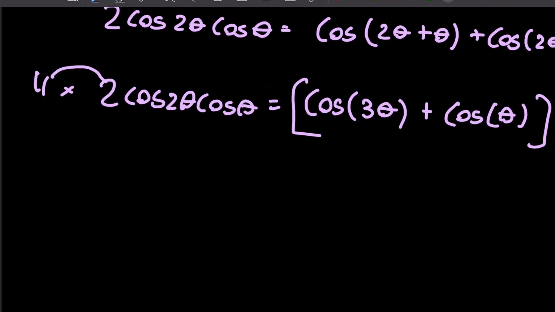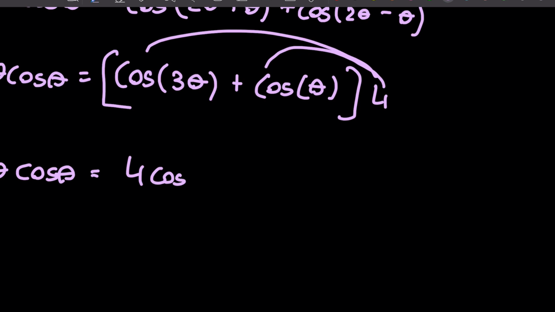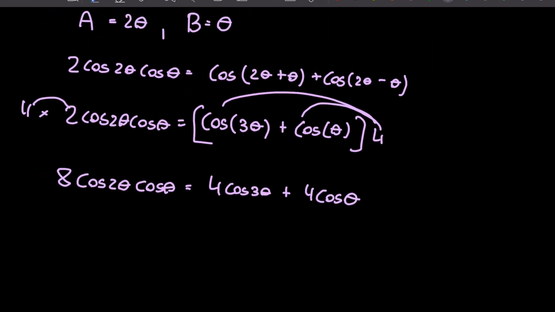So we'll have 8 cos 2 theta cos of theta is equal to, when expanding, remember to give the 4 to each term, 4 cos of 3 theta plus 4 cos theta. And that is precisely how you do that question. You can take a moment to try to get what I'm saying.